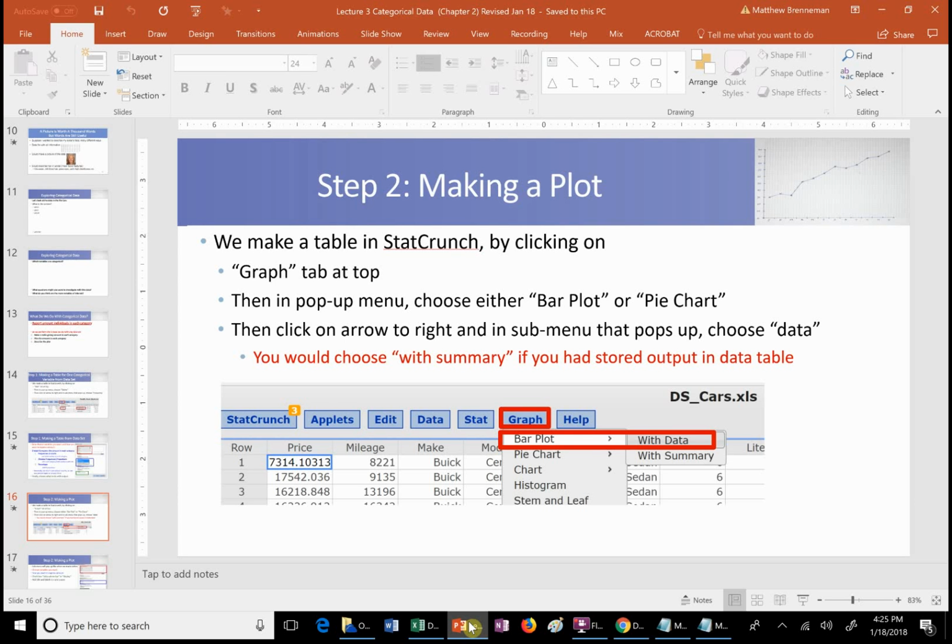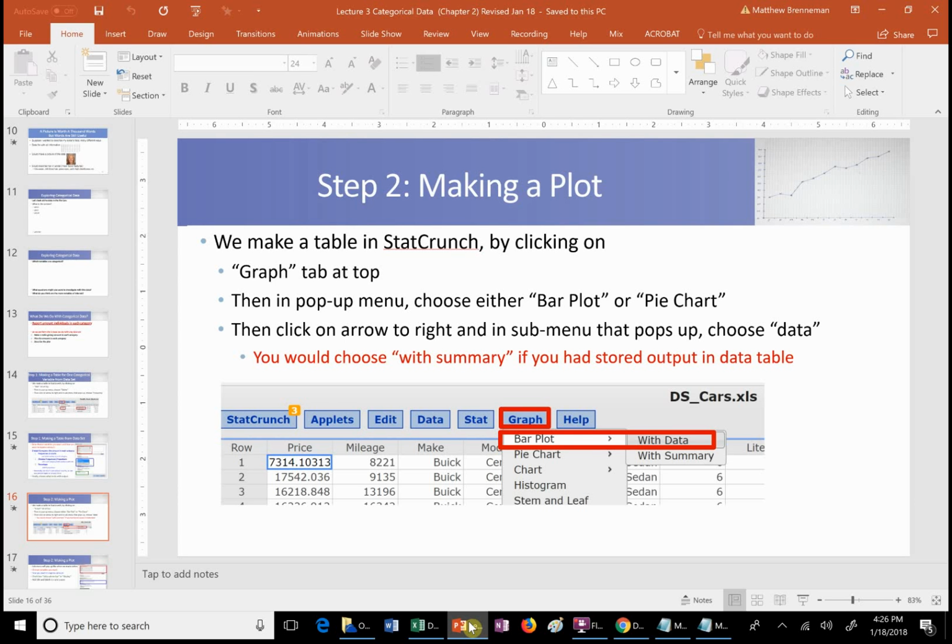Okay. So here's what we want to do. We're going to put the make on the x-axis. So notice the x-axis doesn't mean anything. Okay, it's just a placeholder for the different categories, right? So here's going to be Chevy, and then maybe Pontiac, Saturn. So on the x-axis, we're going to have the make, right? And on the y-axis, what are we going to have? We're going to have percentages, right?